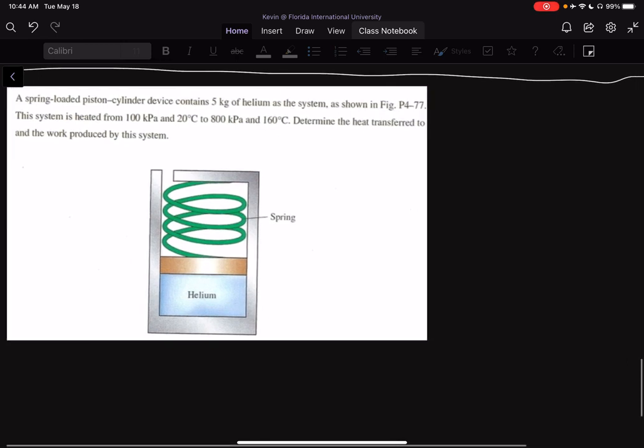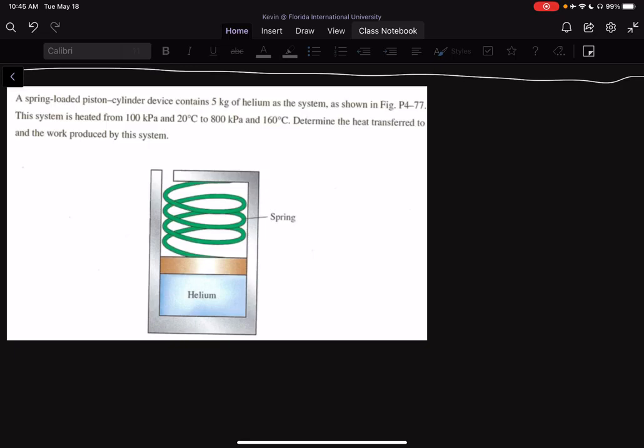So we have a spring-loaded piston cylinder, contains 5 kilograms of helium as the system is shown in figure 4.77. The system is heated from 100 kilopascals and 20 degrees to 800 kilopascals and 160 degrees. Determine the heat transferred and the work produced by the system.